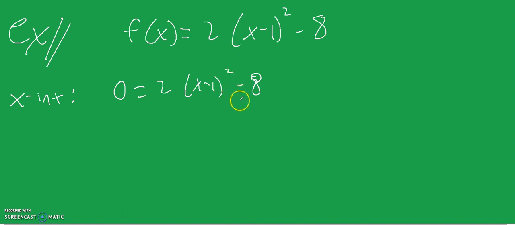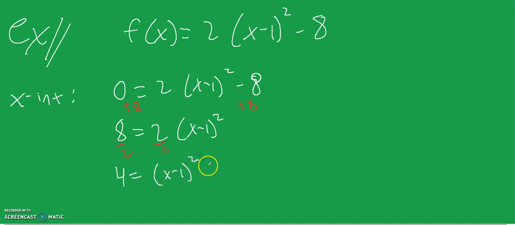That gives me 8 equals 2 times x minus 1 squared. Now I'm going to divide by 2, and that gives me 4 equals x minus 1 squared. So I've isolated my squared term on one side.